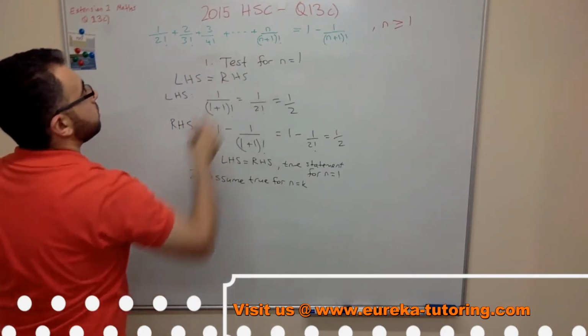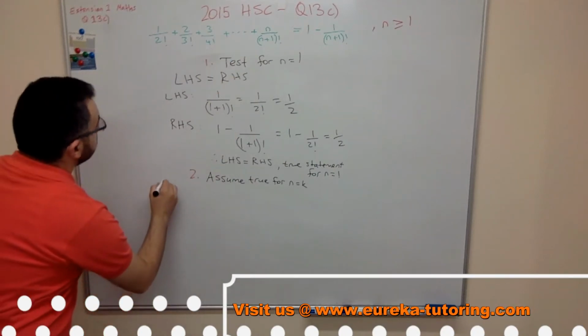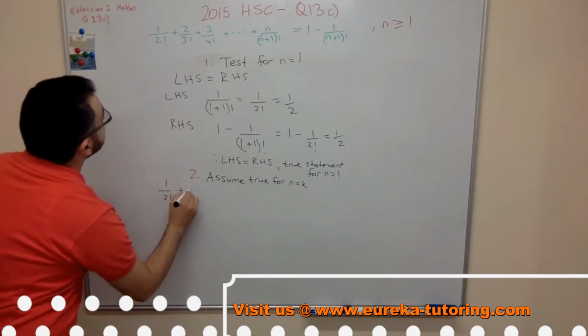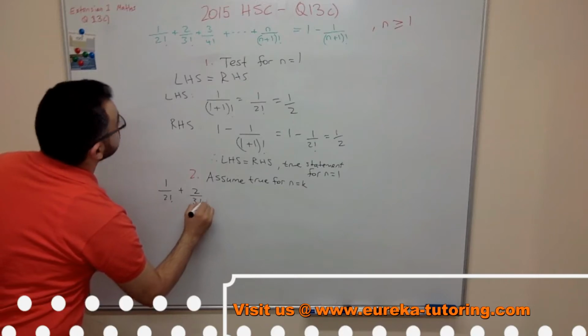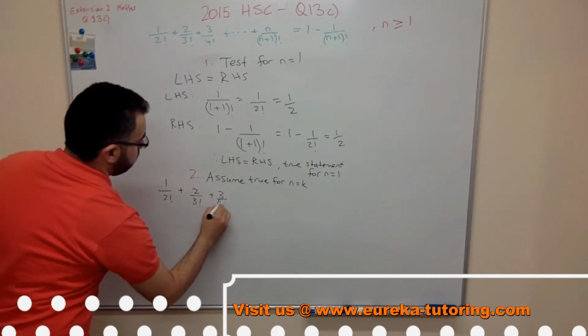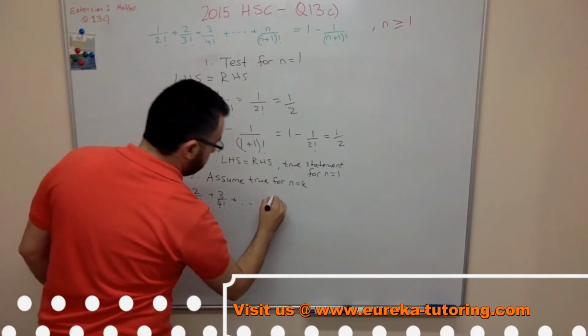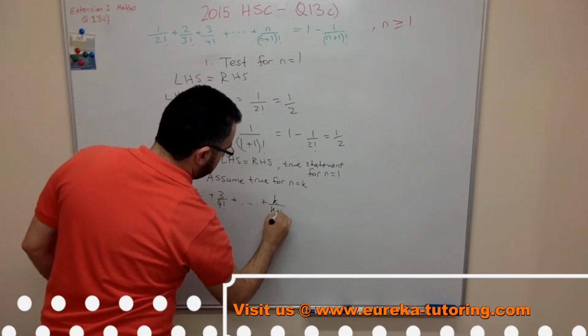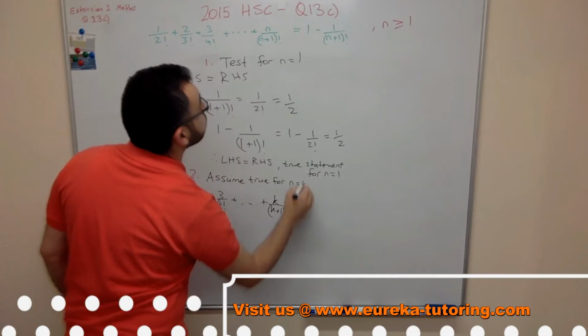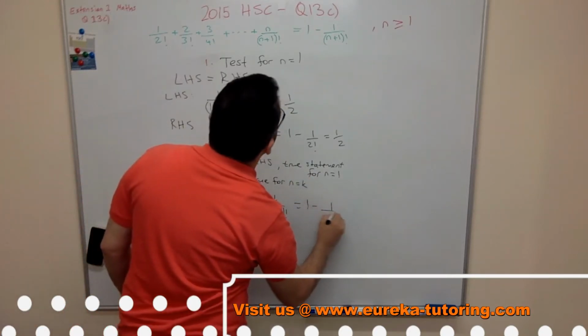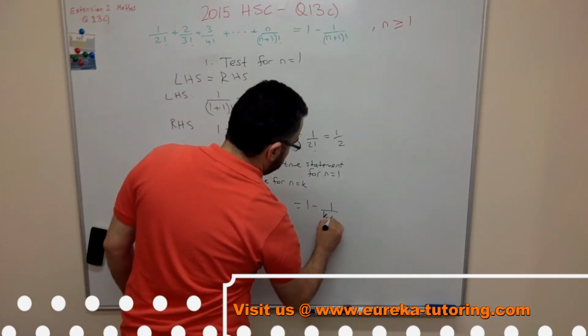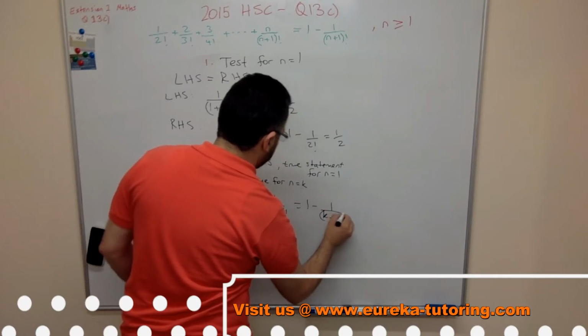So we rewrite this series: 1 over 2 factorial plus 2 over 3 factorial plus 3 over 4 factorial plus, and so on, up to k over (k plus 1) factorial, equals 1 minus 1 over (k plus 1) factorial.